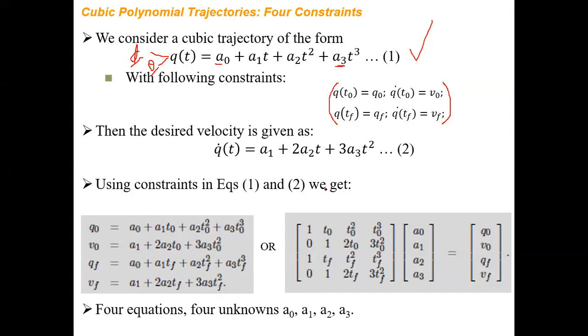You cannot have quadratic, because in quadratic, you have 3 parameters, but you have 4 constraints to satisfy. That doesn't work, okay? At least you have to go to cubic here, because cubic has 4 parameters, then you have 4 conditions or constraints. So you have to use the cubic there. Does it make sense?